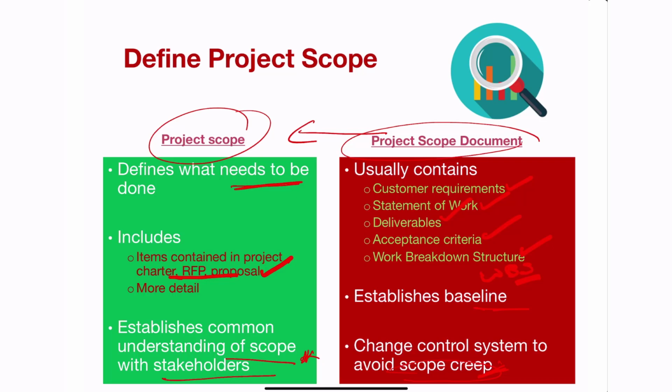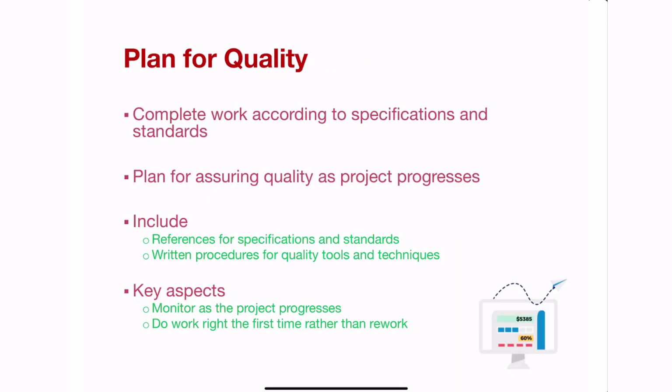Those are things outside of the scope that the client adds on. And if you don't have a scope document, it is very difficult to prevent that scope creep from occurring. Because remember, if you did not plan to do the work, all of that is additional cost, either in resources or in time.